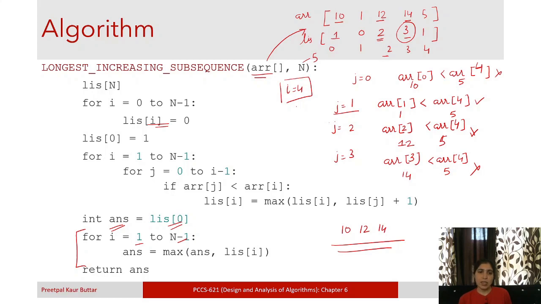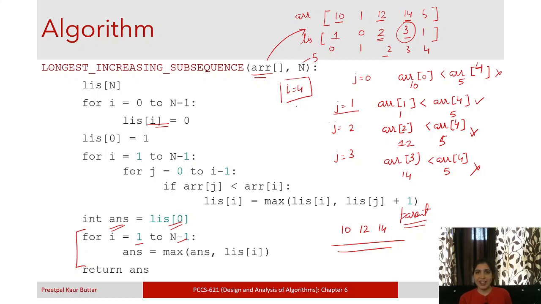Okay, so this code only gives you the length of the longest increasing subsequence, but you can also actually find the sequence. Okay, for that you can create another array, suppose parent. Where you record the parent, whenever the sequence is increased by 1, you record the ancestor of that sequence.